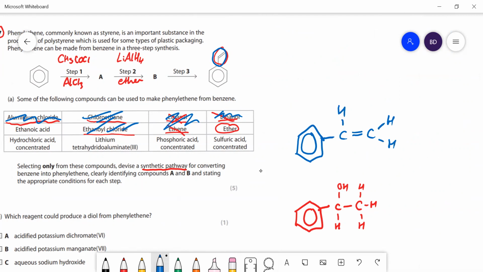Well, we've got to remove an OH from that carbon and an H from that one. We're dehydrating it, we're removing the water. And you may remember, the best reagent to do that is concentrated phosphoric acid. And what you're going to have to do is reflux this. So we want conc H3PO4 and heat under reflux, and that will do it.